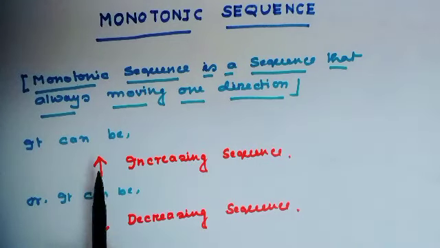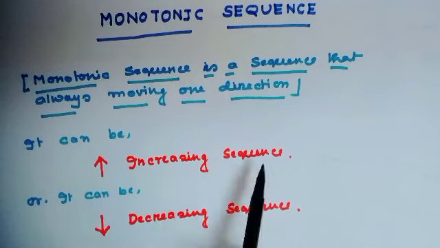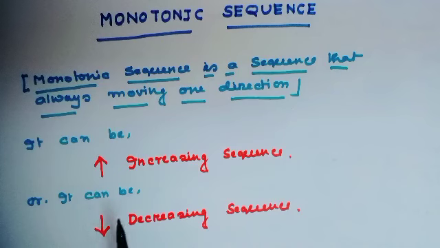It can be arrow above, this is the increasing sequence, or it can be arrow below, then this is called a decreasing sequence. When a sequence is either increasing or decreasing, then the sequence is called a monotonic sequence.